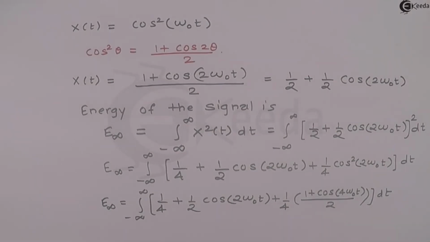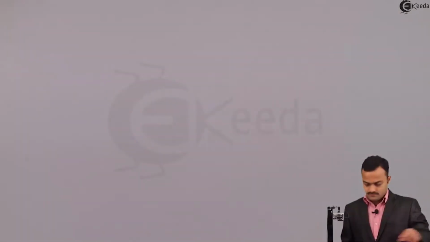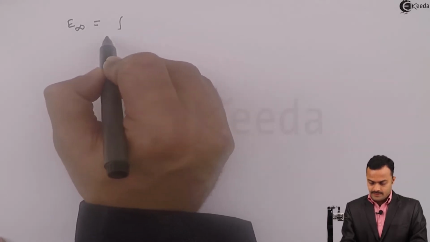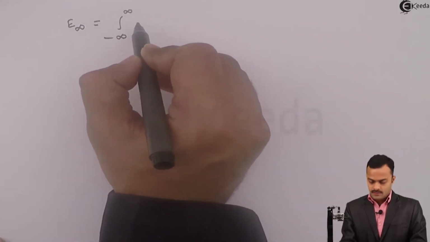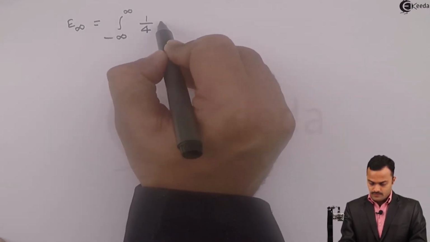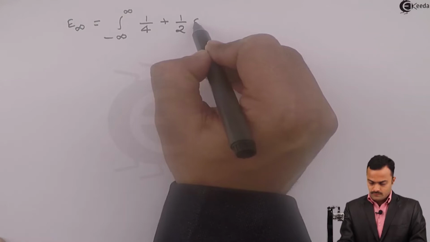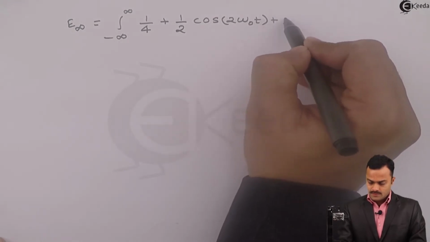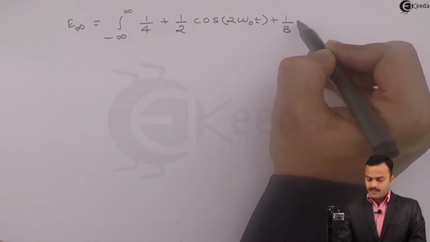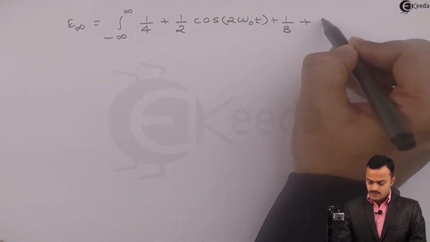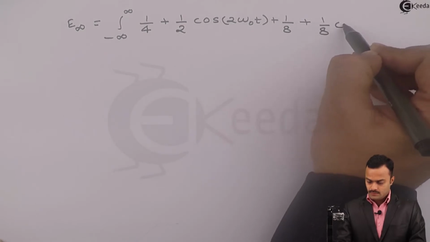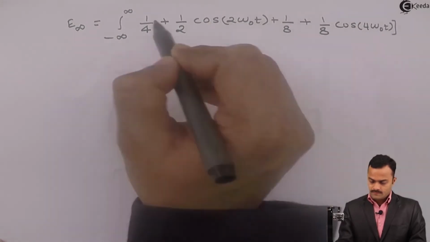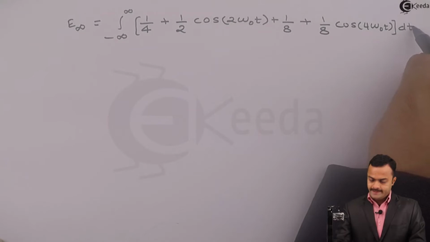So in the end, if I simplify, I will get E infinity as integral minus infinity to infinity, 1 by 4 plus 1 by 2 cos 2 omega 0 t plus 1 by 8 plus 1 by 8 cos 4 omega 0 t, into dt.